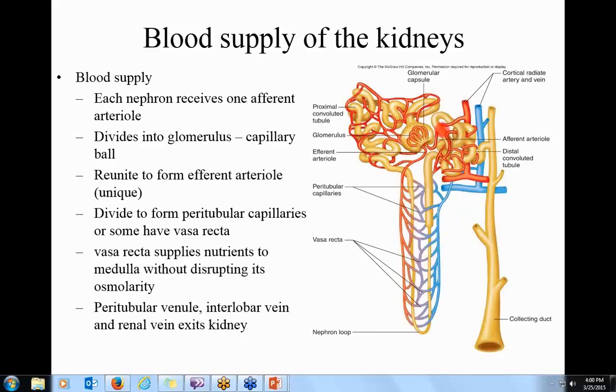So here is the afferent arteriole. Here's the glomerular capillaries, efferent arteriole, peritubular capillaries, and some happen to have a vasa recta, and they lead to the veins and out the kidney.